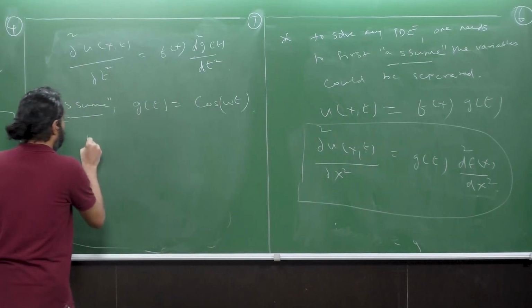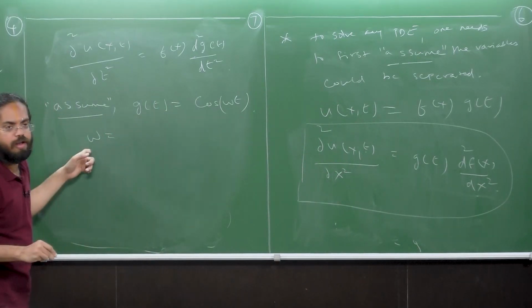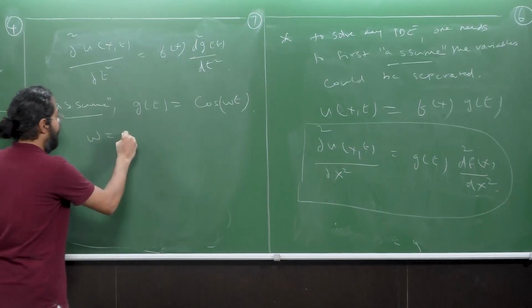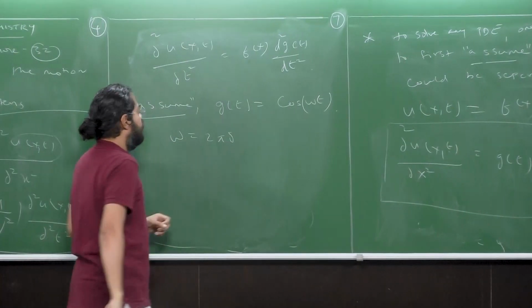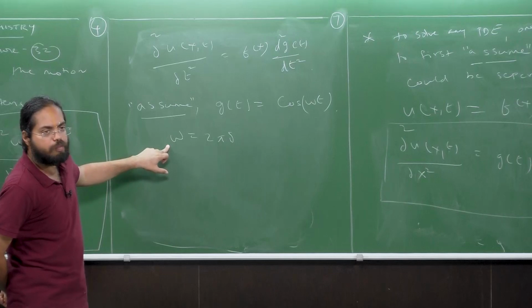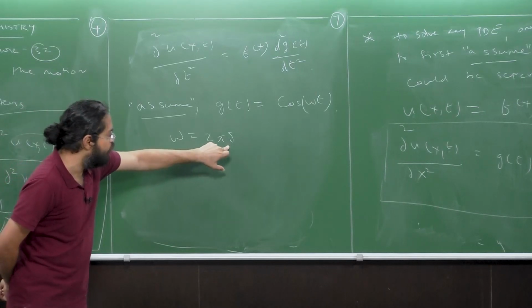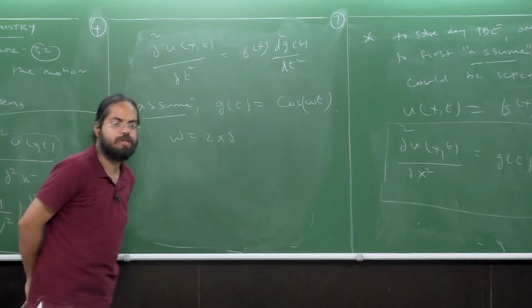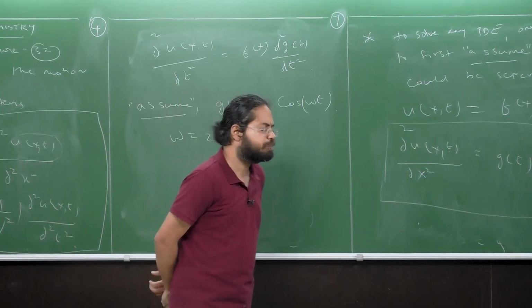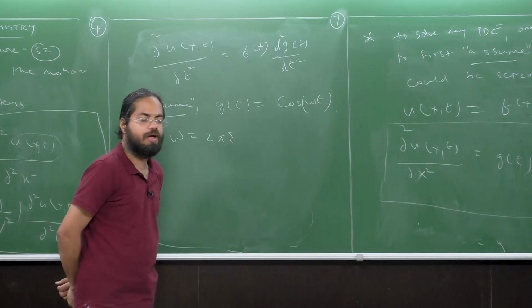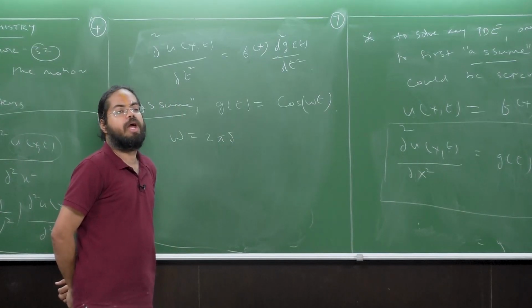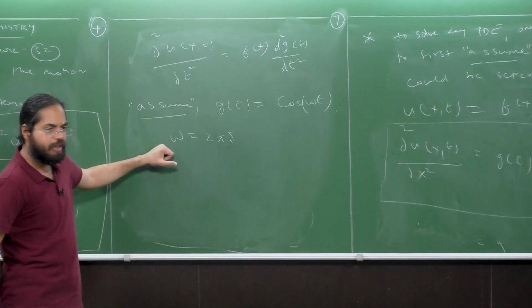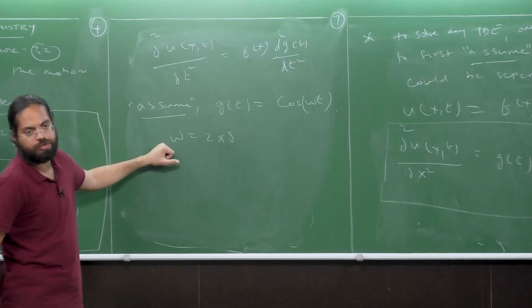It's my angular velocity, which I'm going to define as 2πν, where ν is your frequency. So my omega is defined this way, as my angular velocity.